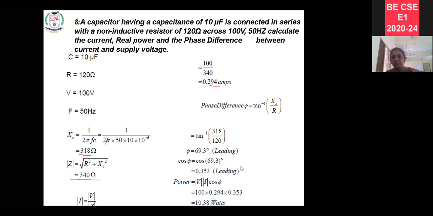We write it leading because it is an RC circuit. If it is an RL circuit, you have to write it as lagging. You have to always write the position of current. Don't get confused. Just remember whether it is with respect to current or with respect to voltage. Don't confuse both, then you will write it wrongly.